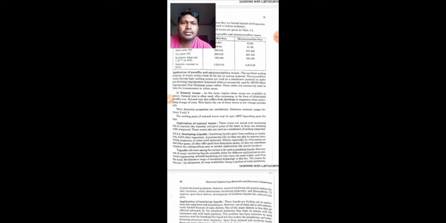This limits the use of these waxes to low voltage systems. Their dielectric properties are satisfactory. Dielectric constant ranges from 2 to 3. The melting point of natural waxes may be up to 130 degrees centigrade depending upon the type. So depending upon the type, the melting point will vary.